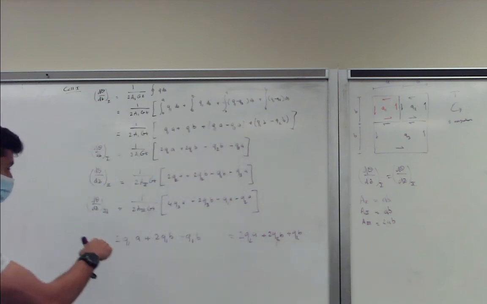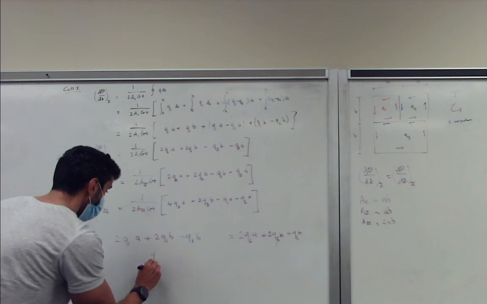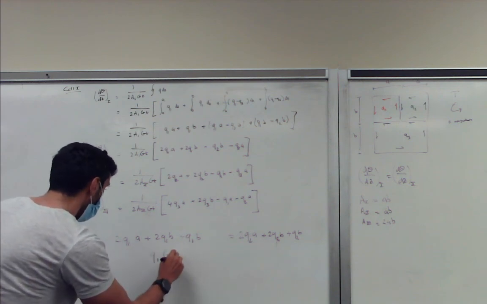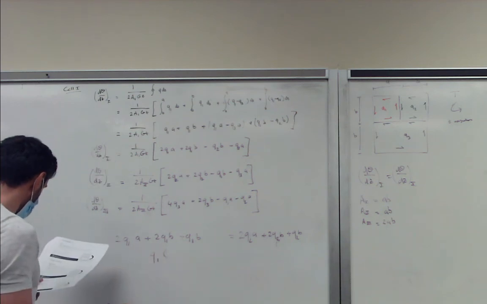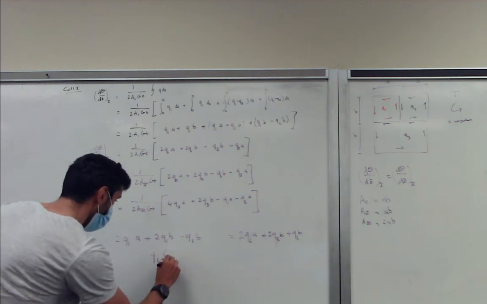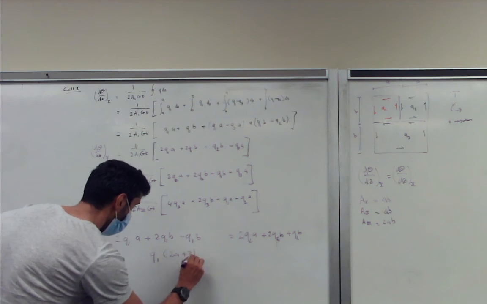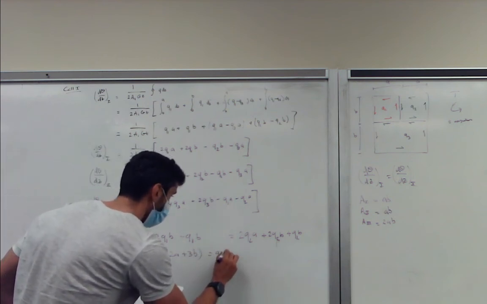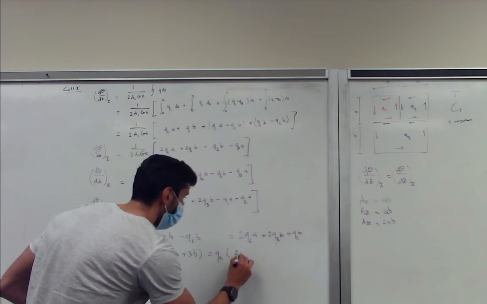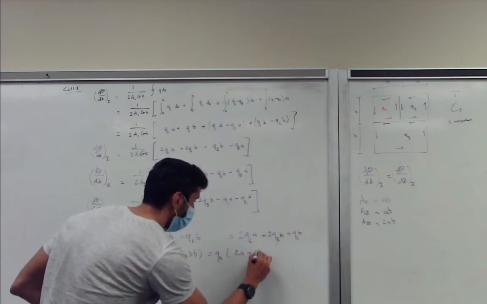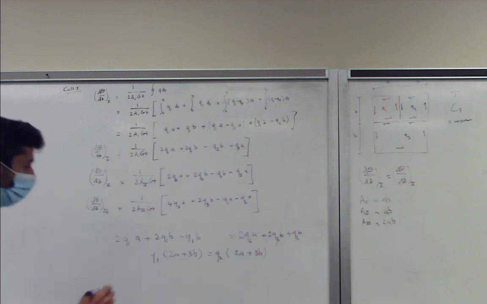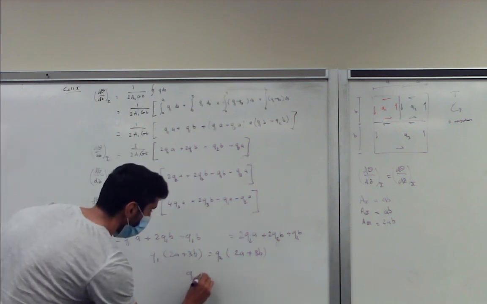Then we can collect Q1 out of the bracket, so we get Q1 times (2A plus 3B). And on this side we have Q2 times (2A plus 3B). For this equality to be true, Q1 must be equal to Q2.